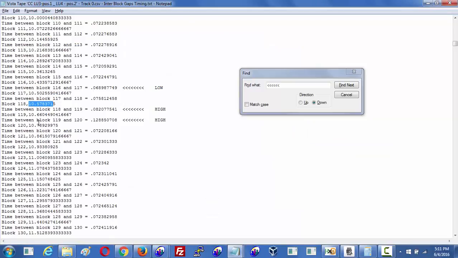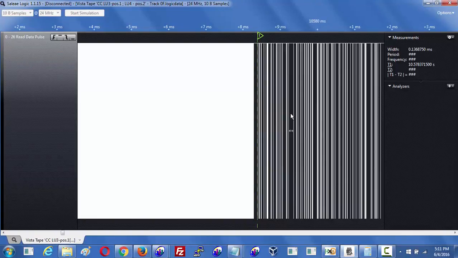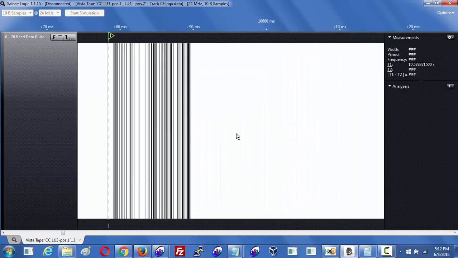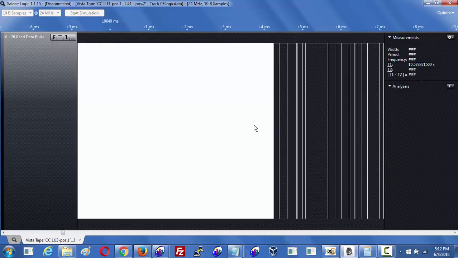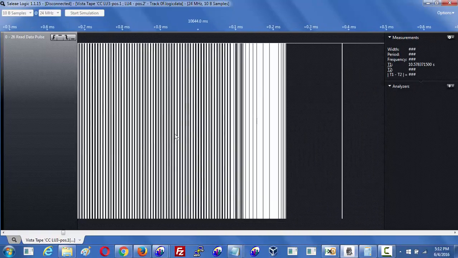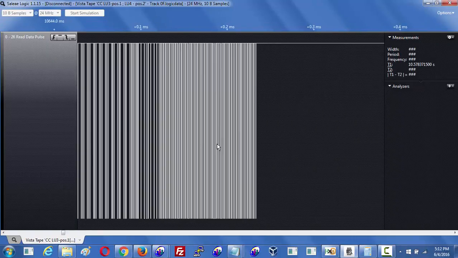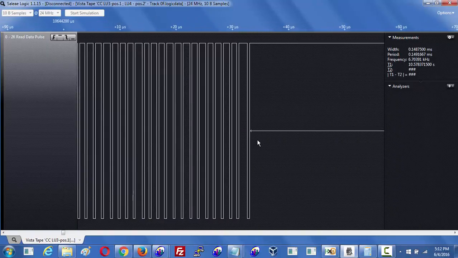Now let's look at where block 119 ends and see why that's high. Block 119 ends at 10.66044. So let's go to 10.66044. All right, now I'm visually just going to do this here and see, because this looks like a normal block.